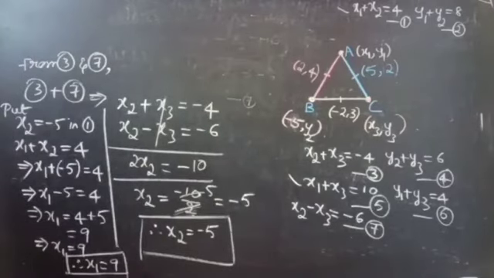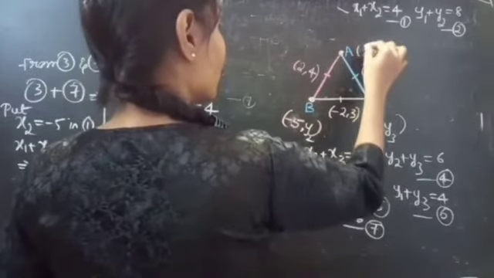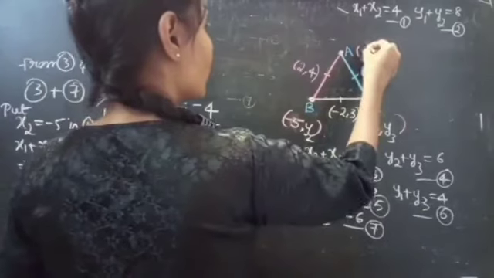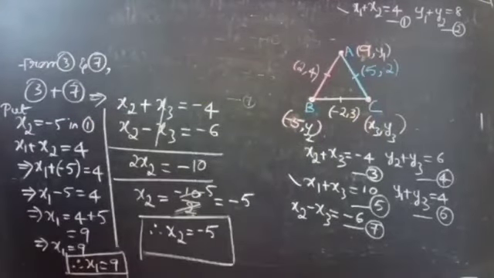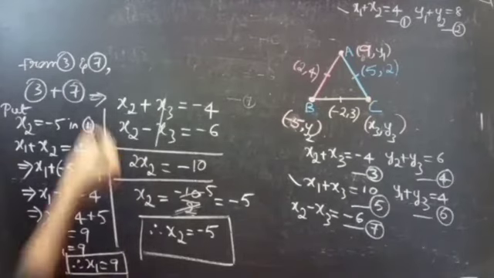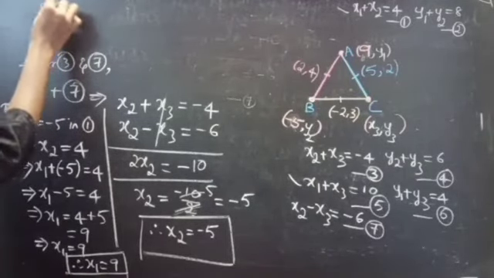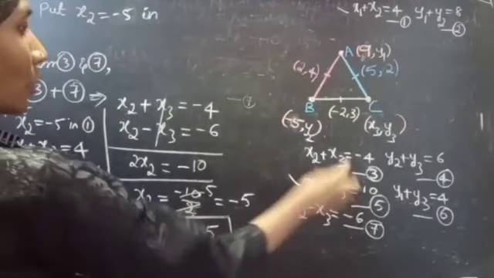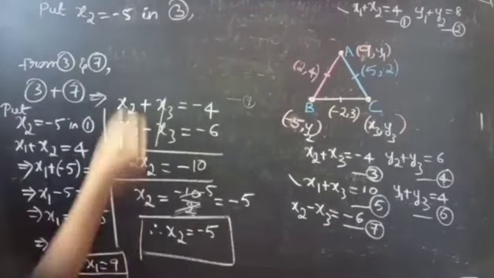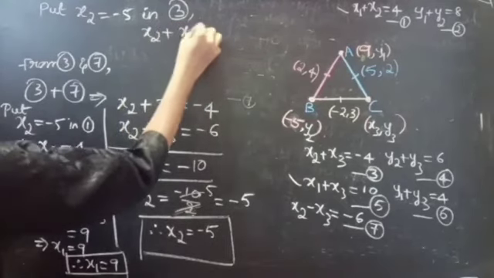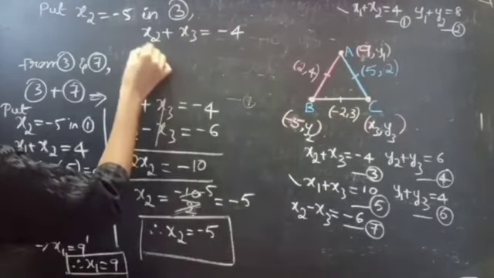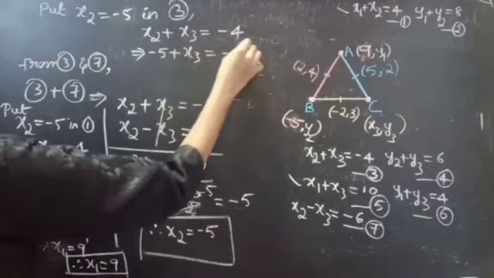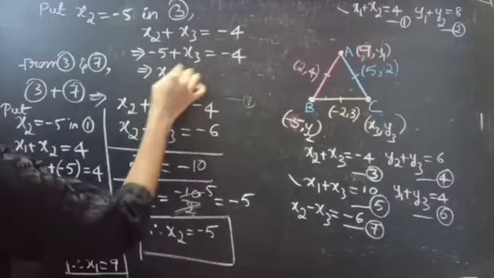Put x2 equals minus 5 in equation 3: x2 plus x3 equals minus 4, so minus 5 plus x3 equals minus 4.